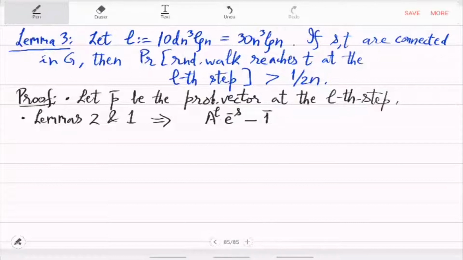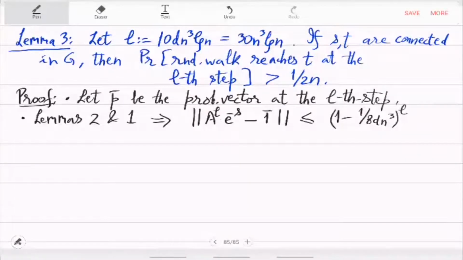This is dependent on how small lambda is, which we have shown is smaller than 1 minus 1 over 8 d n cubed, raised to the power L. So it is this small.